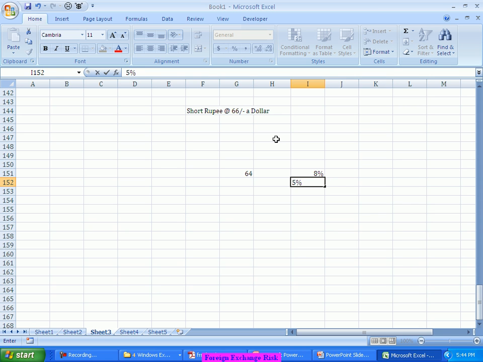Now, if I go with the continuous compounding, the exchange rate after 1 year is S naught into e power (R minus RF) into T. T is 1.